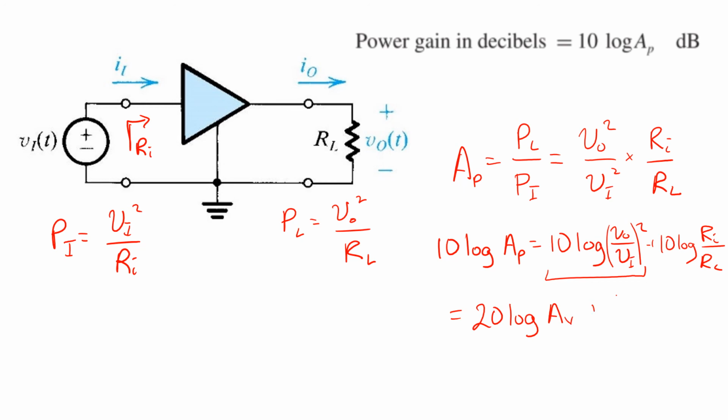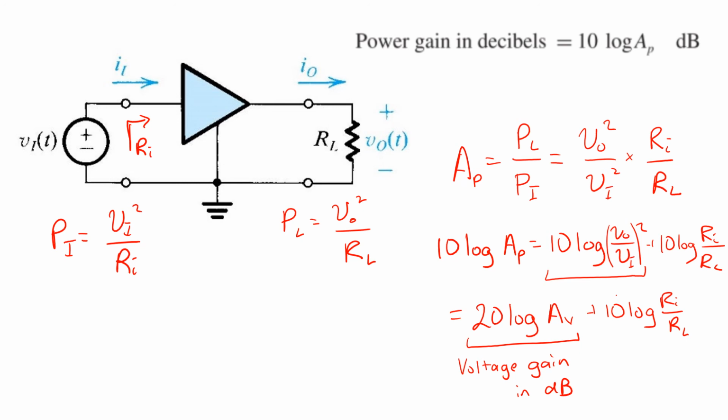And then we've got this extra term, it depends on the ratio of the input resistance and load resistance here. But this first term here is nothing more than the voltage gain of the amplifier expressed in dB. Therefore, if the voltage gain increases by a certain number of dB, the power gain of that amplifier increases by the same number of dB, assuming the input resistance and load resistance haven't changed.